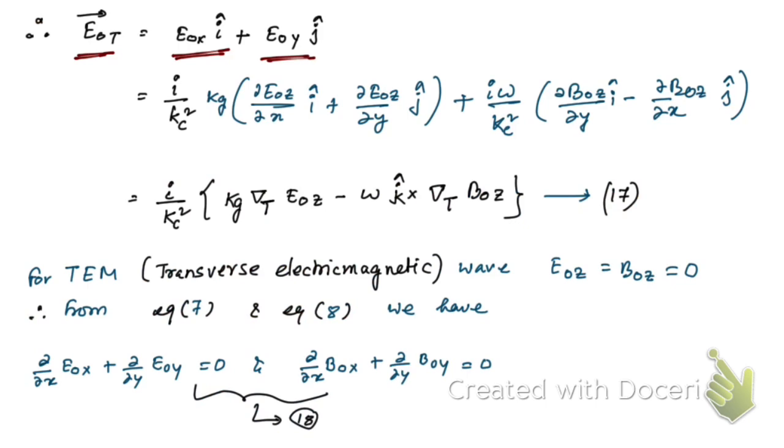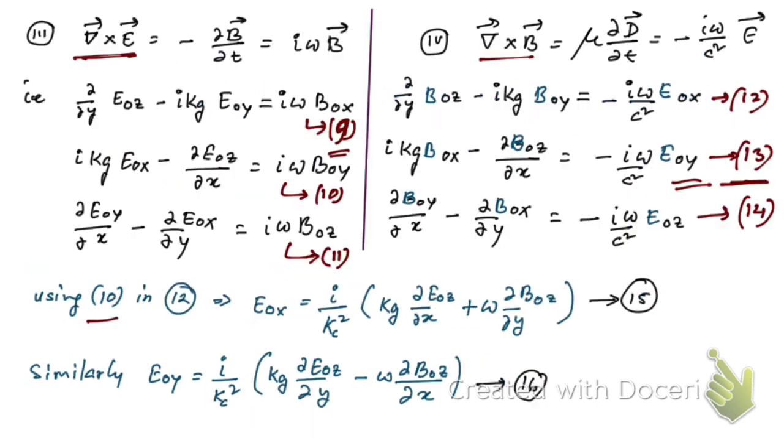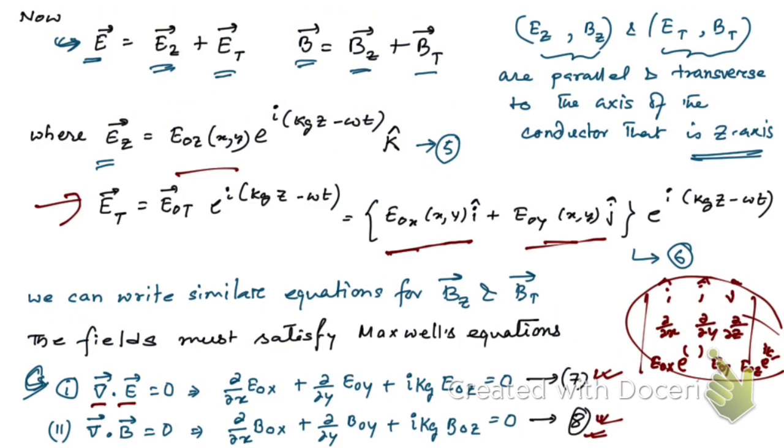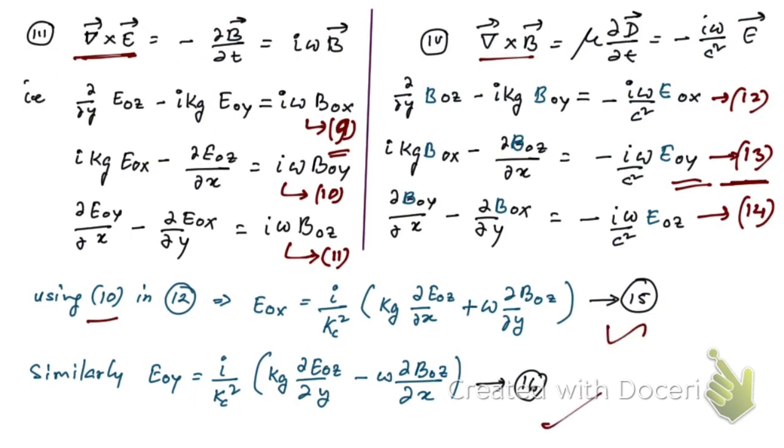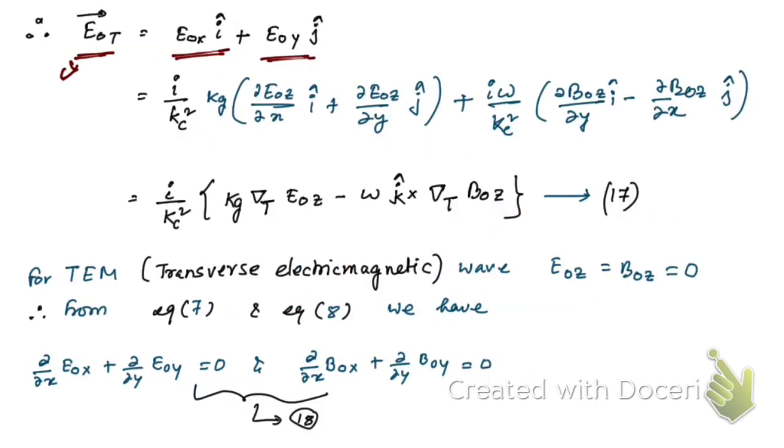E0T is this one plus this one, right? So this part is here, okay? So that's why we have used equation number 15 and 16, okay? Then we have got this. After simplification we have got this, right?